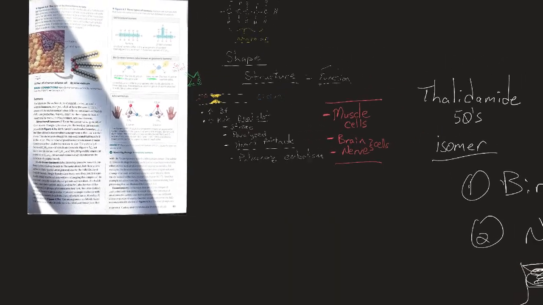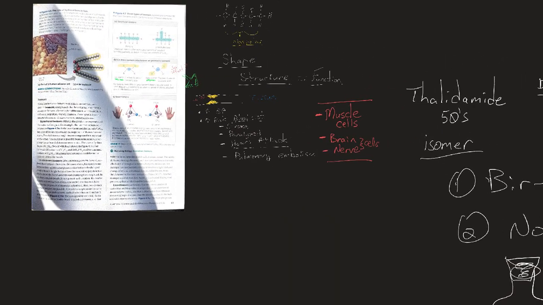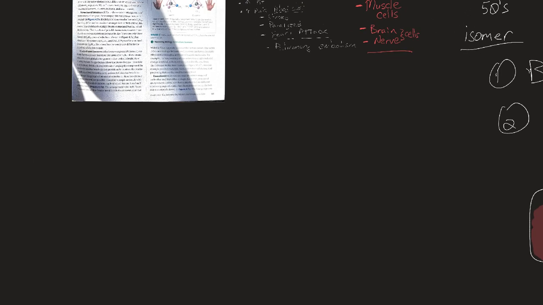And structural isomers also, I would hope it's obvious now that they're very different. In fact, when you look at fructose and glucose, and we'll look at it again in a bit, they are structural isomers.